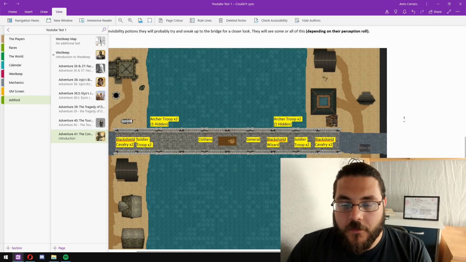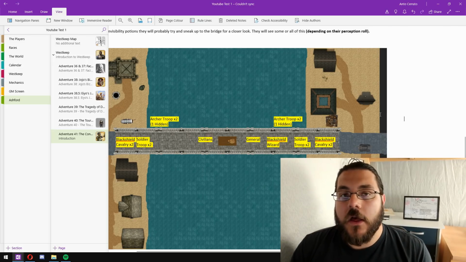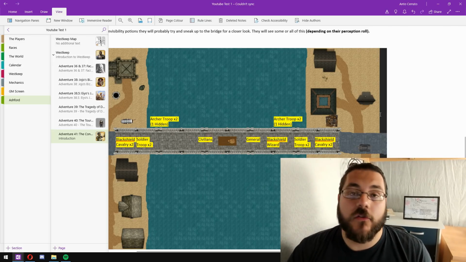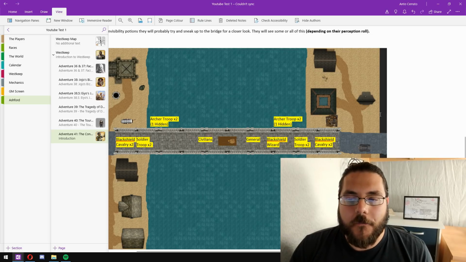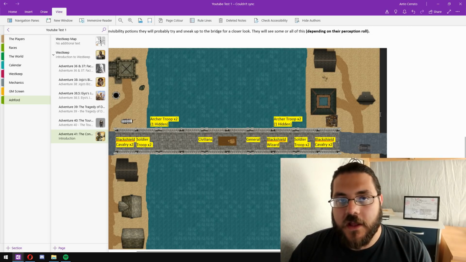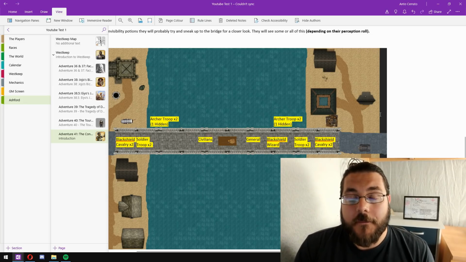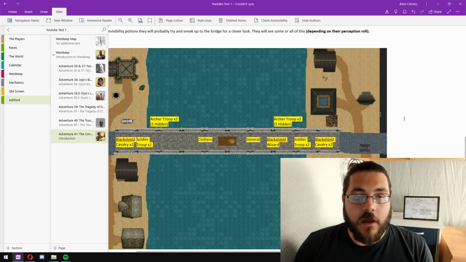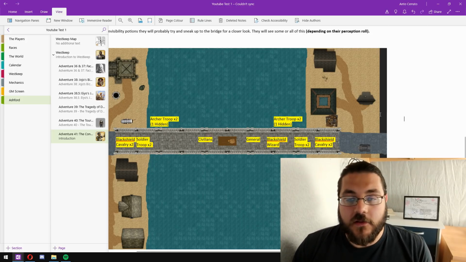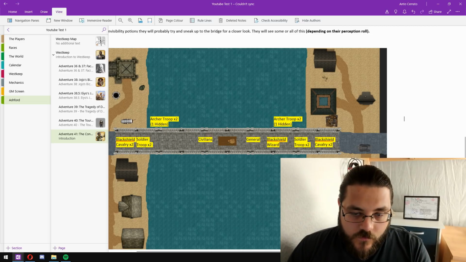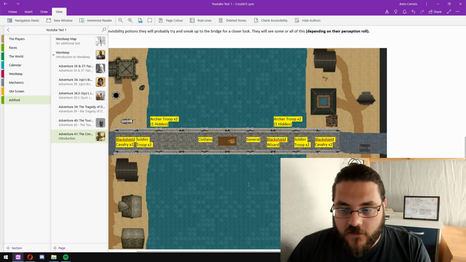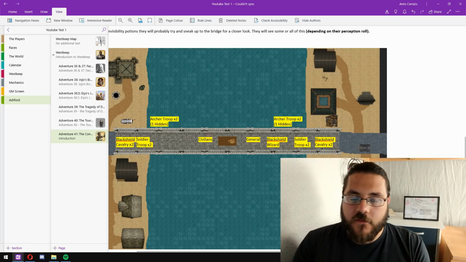They wouldn't have any qualms about caging some civilians right in the middle of the bridge to act as a deterrent from the party just throwing fireballs at the bridge and destroying it, because that's the most sensible thing for the party to do, is to destroy the bridge to deny the convoy moving over it. So they'll want to blow the bridge. Obviously, the enemy knows this, so they're going to put some civilians on the bridge to stop that. So they'll put those civilians in the cage. And I think that's about it for the enemies.